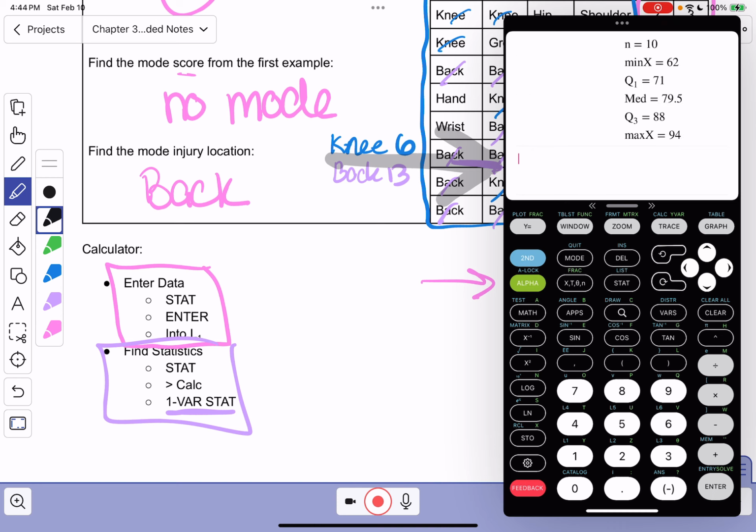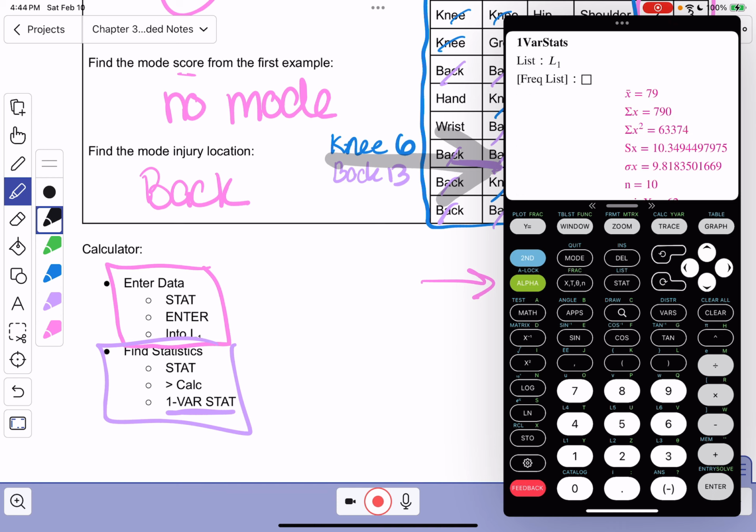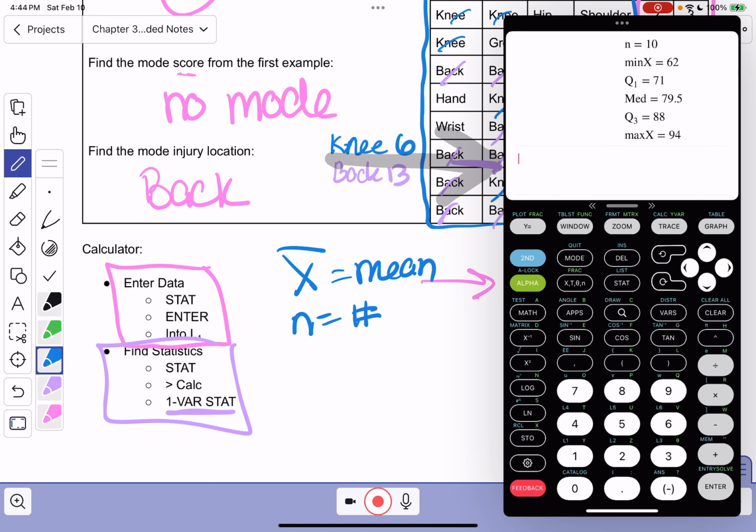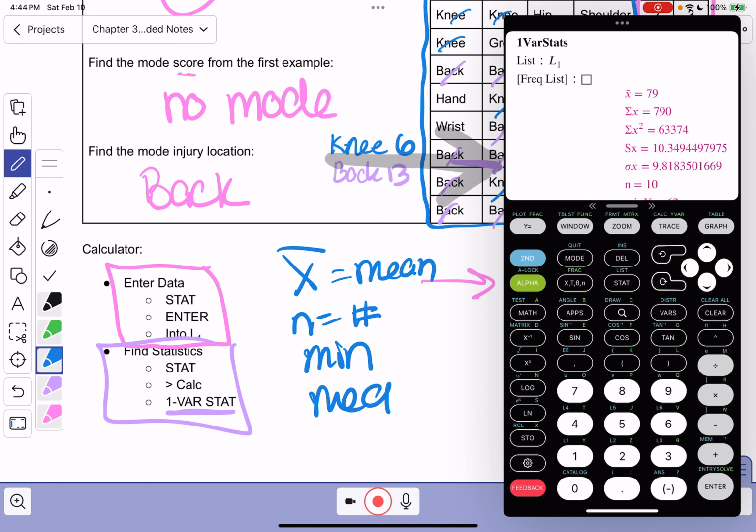Hit enter. Now this gives us x bar, which is the sample mean. It gives us n, which is the number of data points. If we keep scrolling, it gives us the minimum, the median, and the maximum. All of those things are given right there in the calculator, so you don't always have to find it by hand.